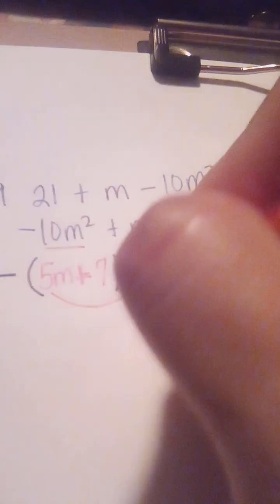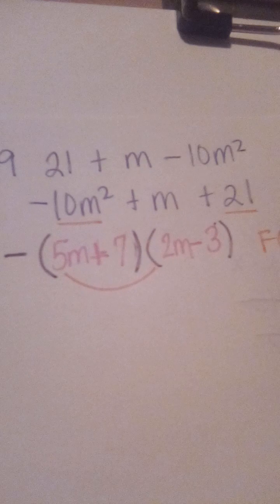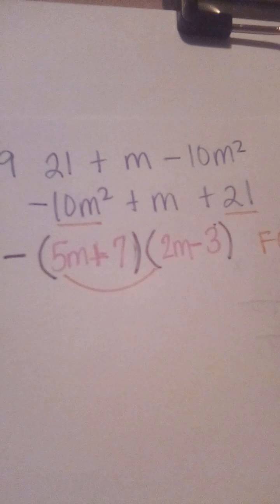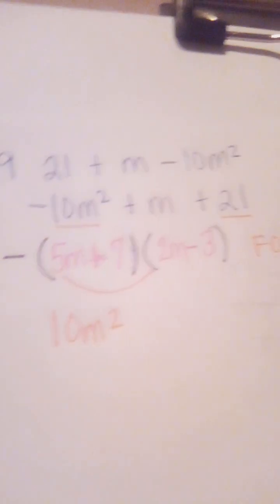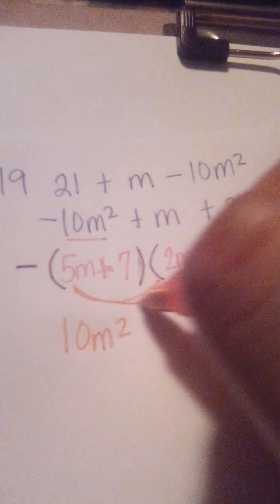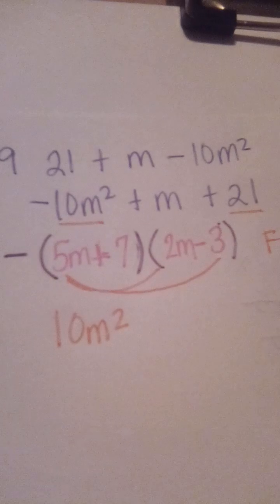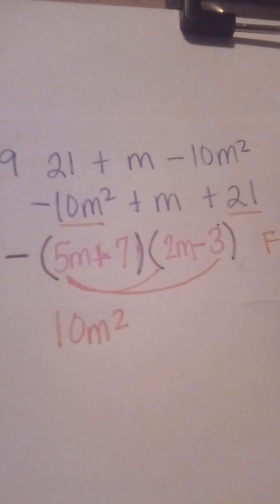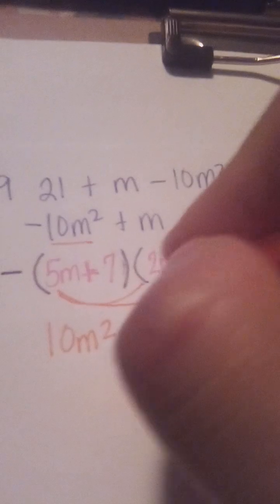First term, 5m times 2m is 10m squared. Then we have the outer term, 5m times a negative 3, that gives us negative 15m.